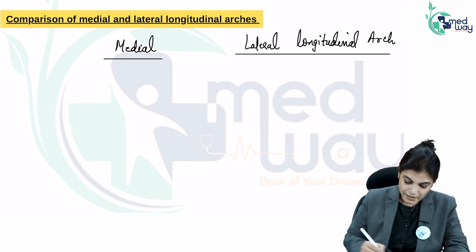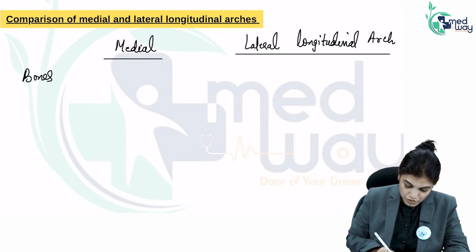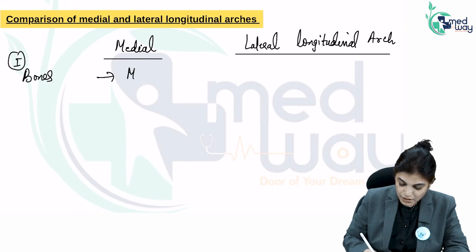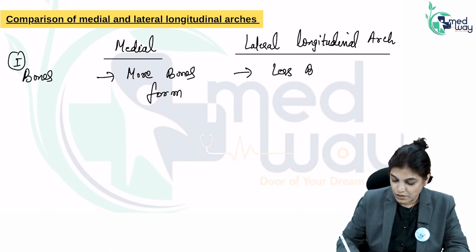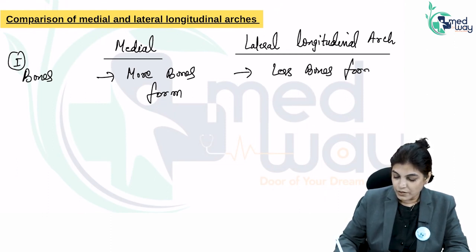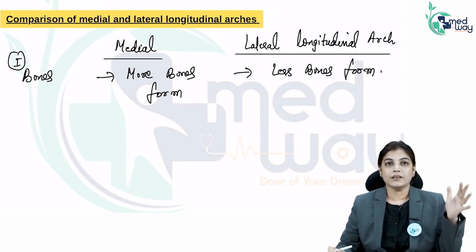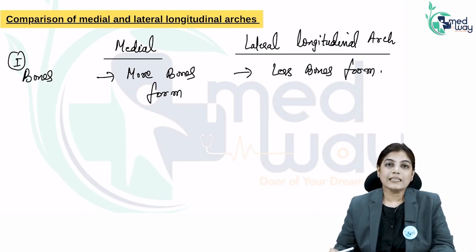Just a comparison: the first point is bones. More bones form the medial longitudinal arch and comparatively fewer bones form the lateral longitudinal arch. If you remember, in the first image I described that the medial part of the calcaneum, the talus, the navicular, the medial 3 cuneiforms and the medial 3 metatarsals form the medial longitudinal arch.